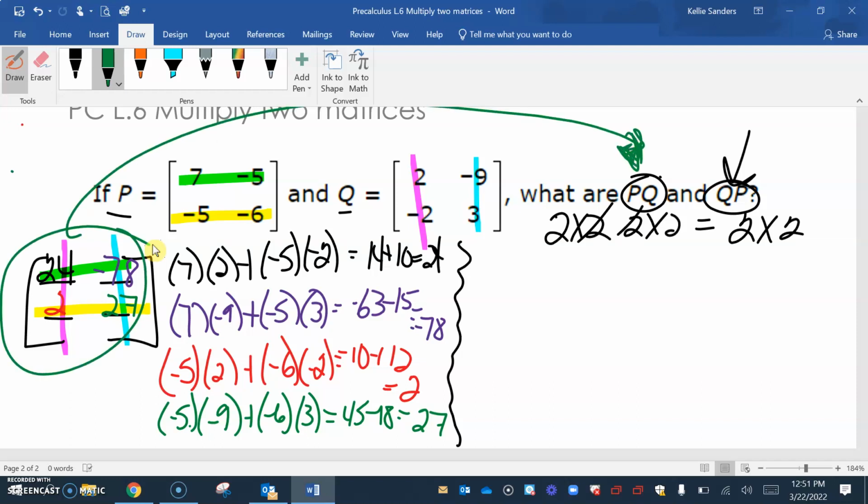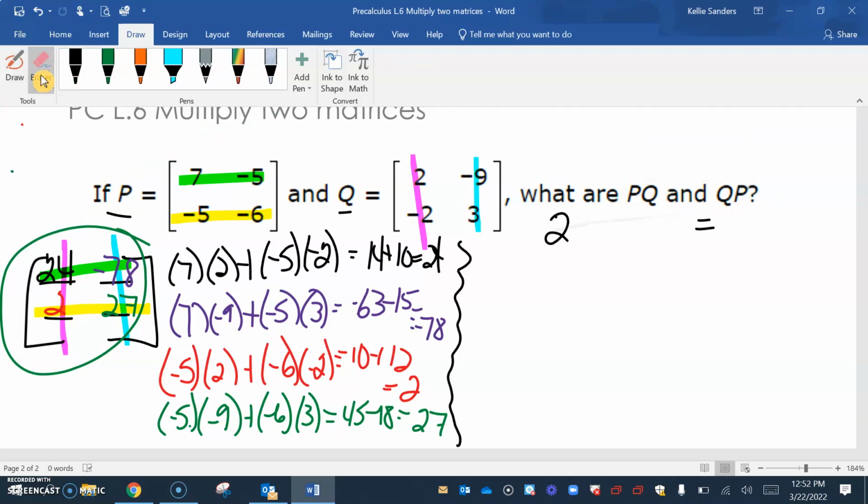For PQ right there. Well, then it's like, what's QP? And, you know, for everything else, if 2 times 3 is 6, then 3 times 2 is 6, right? But not necessarily on a matrix. So what we're going to have to do, I'm going to get some room here, because this little bitty screen does not give me a lot of room to write.